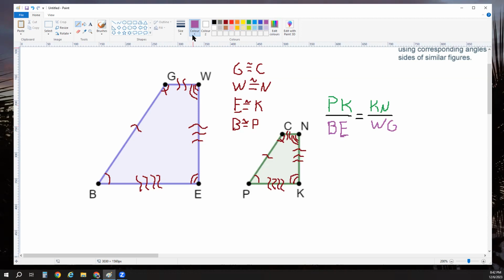Say I did CN over GW. It's like the inverse of the first one, the inverse of what I had before. CN over WG or GW.